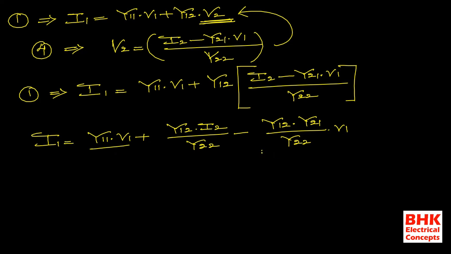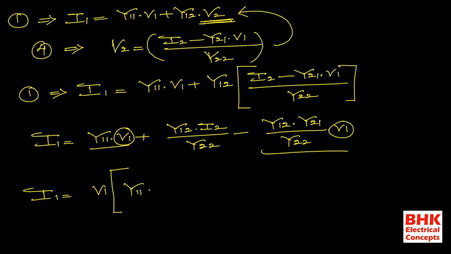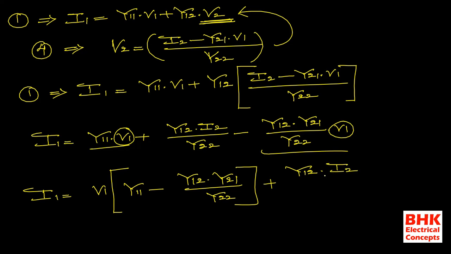Now we have v1 common in the first term and the last term. Take common v1 from these two terms. So I1 is equal to v1 into (y11 minus y12 y21 divided by y22) plus the remaining term, that is y12 I2 divided by y22.